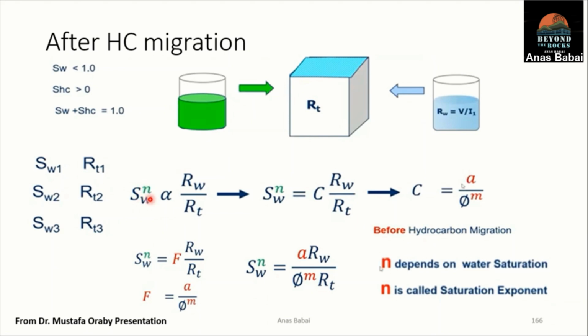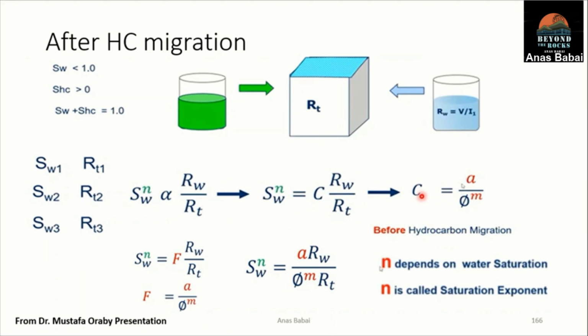What he found is that the water saturation to the power n, and we will see what n is later, is proportional to the resistivity of water divided by RT. We can simply remove the proportionality and add a constant. So the water saturation equals a constant multiplied by RW and divided by RT.